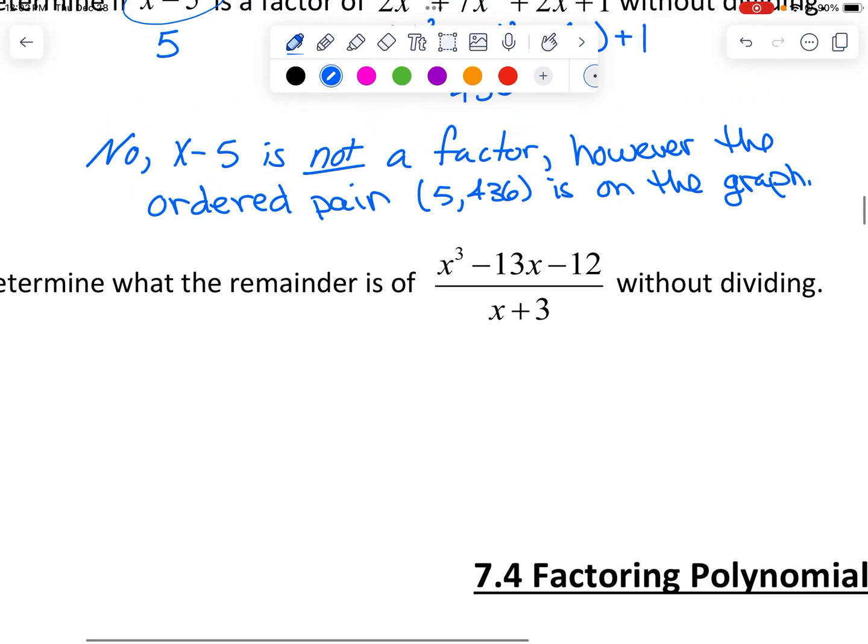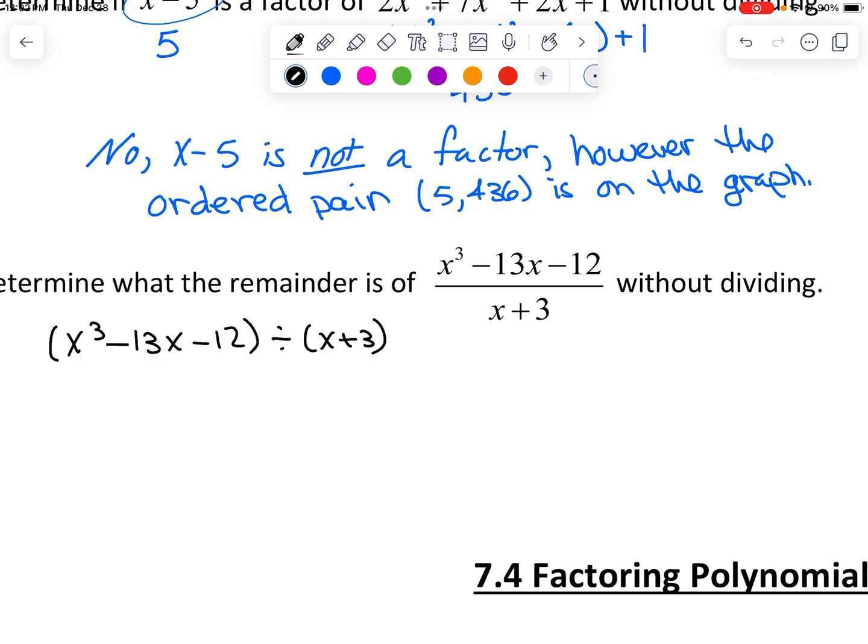If you don't like the way that's written, think of it this way: x cubed minus 13x minus 12 divided by x plus 3. So we're going to test negative 3.